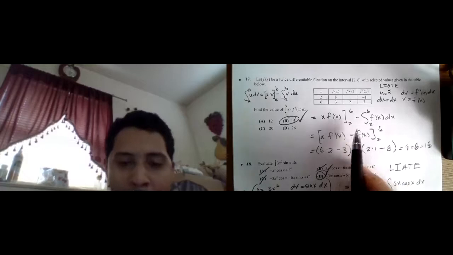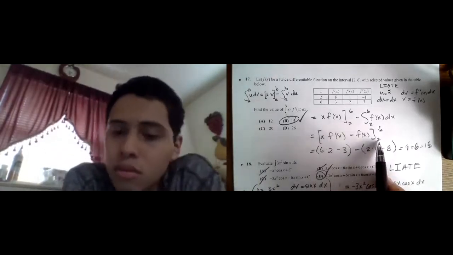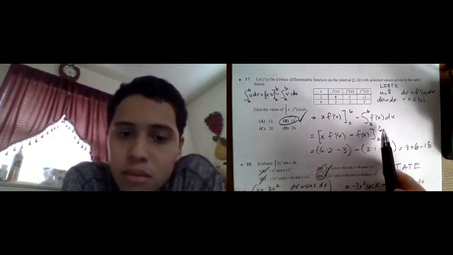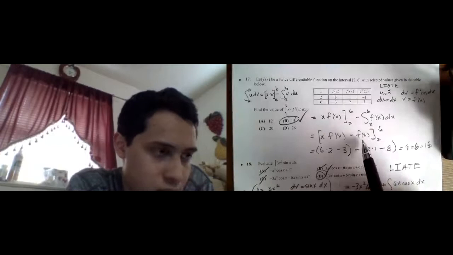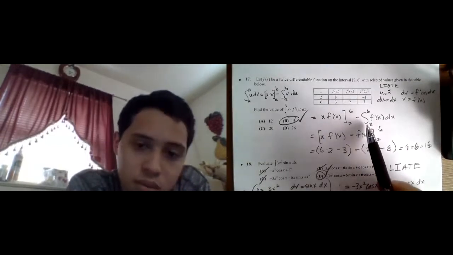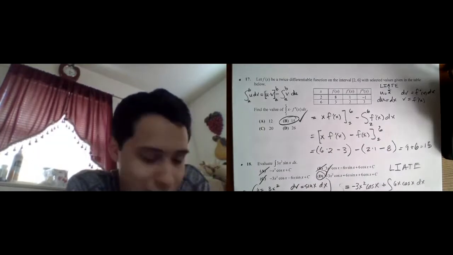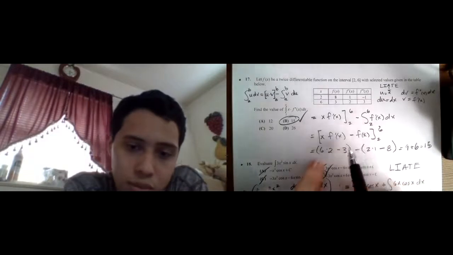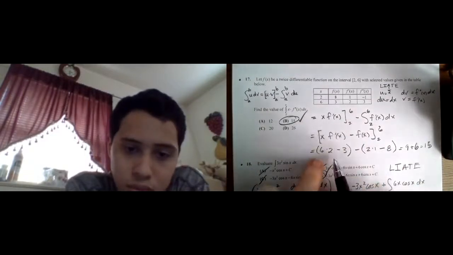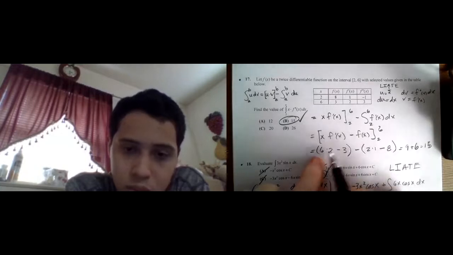I usually delay this evaluation until the last step. So I've just grouped the whole thing together to be evaluated on the interval from 2 to 6. We've got negative f of x here because the integral of f prime of x is going to be f of x. All right, so then we're going to plug in 6 to this expression, and plug in the 2. Well, x is 6, and then we need to know what f prime of 6 is.